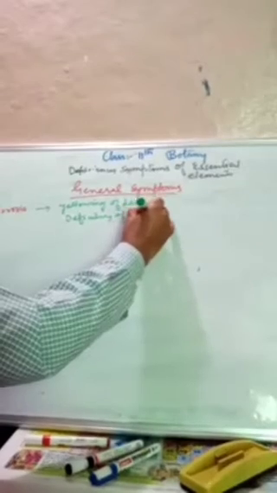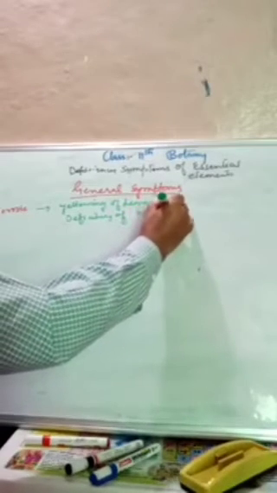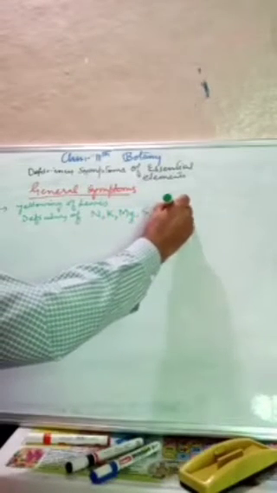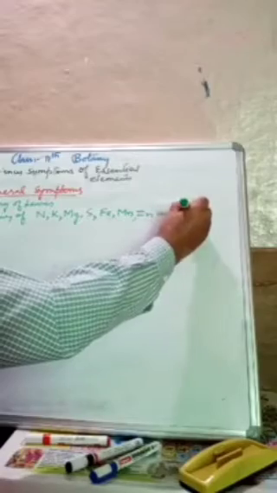It is nitrogen, potassium, magnesium, sulfur, iron, what we call manganese, zinc, and ultimately molybdenum. So first is this chlorosis.